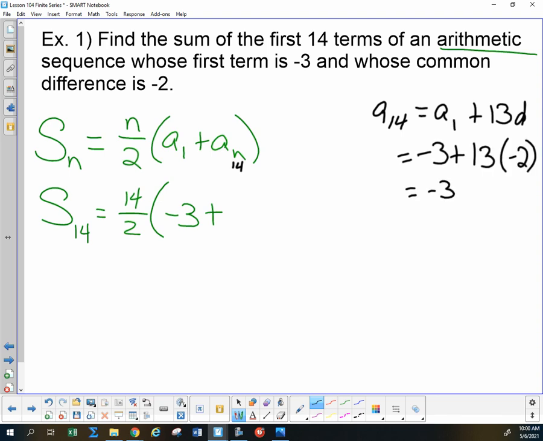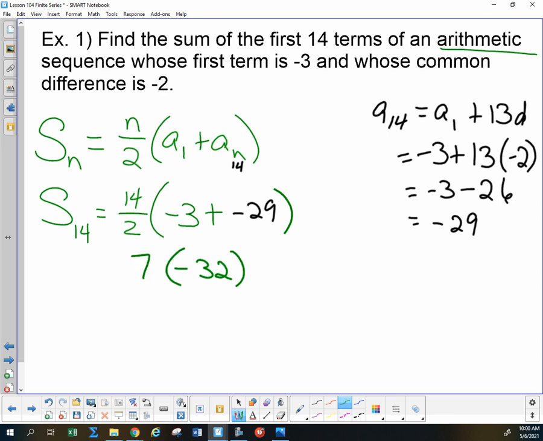So -3 minus 26, I think I'm needing to add -29. Does that sound right? So I'm going to put a -29 in right there, which means I have -32 times 7, which gives me -224 for what I would get if I would add up the first 14 terms.